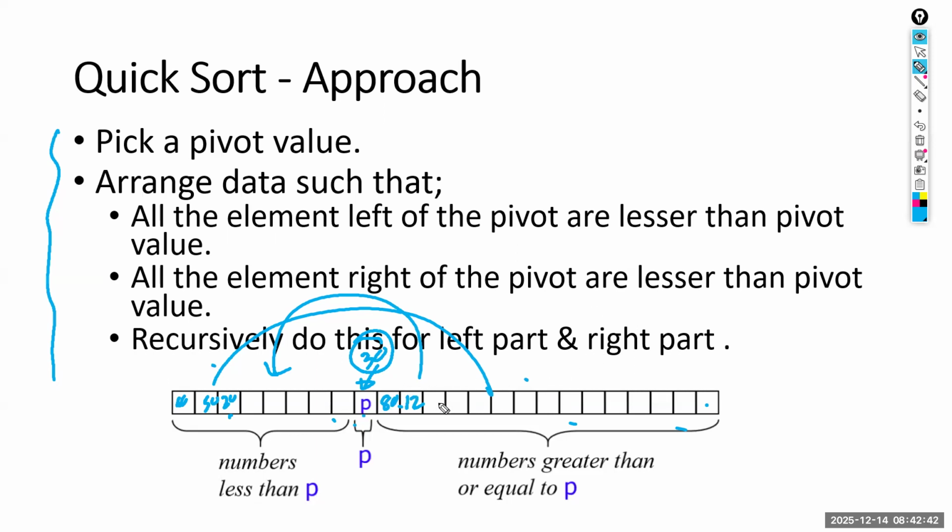If something smaller than 30 is found, we put it to the left side, so that we make sure 30 is in the correct position. Is it clear?